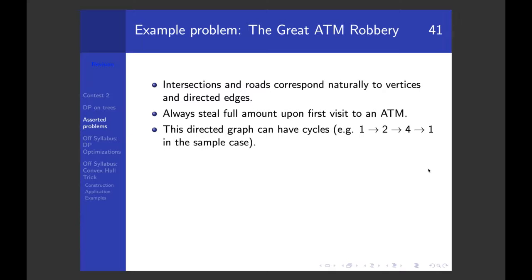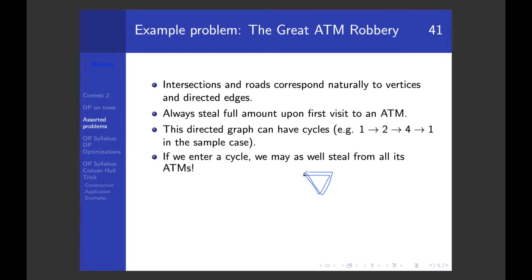The graph can have cycles. Like the sample had this cycle here. And in that case, an important observation is that if we enter a cycle, we might as well steal all the money from all the ATMs in the cycle. Because we can start here, collect all the money, and then finish back here, which means any path that we could reach from here, we can reach after grabbing all the money.